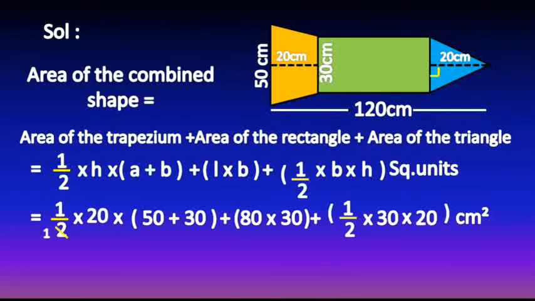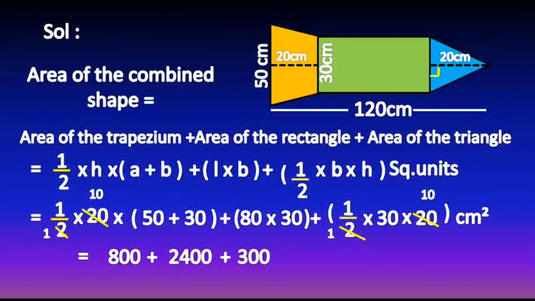Now let us simplify. 2 ones are 2, 2 tens are 20. Half into 20 is 10, and 10 into 80, since 50 plus 30 is 80, is equal to 800, plus 80 into 30 will give you 2400, plus half into 30 into 20, that is 30 into 10, is equal to 300.